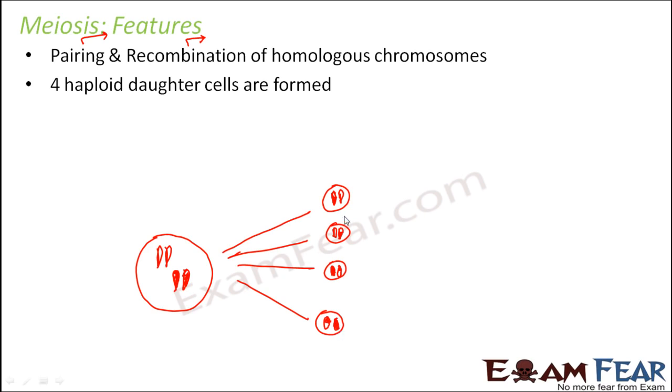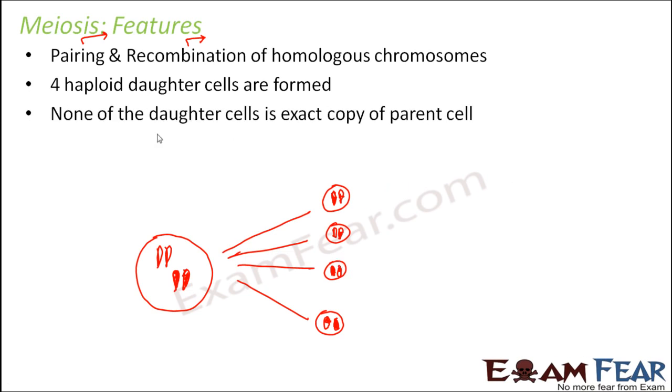So if you see, in all of them, one of the chromosomes is like the father or the mother. That is, it is either white or it is red. So this is your white and these are your reds. But here if you see, recombination has occurred. So in one chromosome you have both the traits. That is the mixture of the traits. And that is why none of the daughter cells is an exact copy of the parent cell. This is very, very important here.